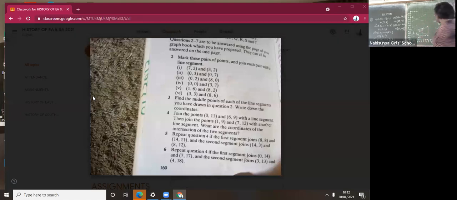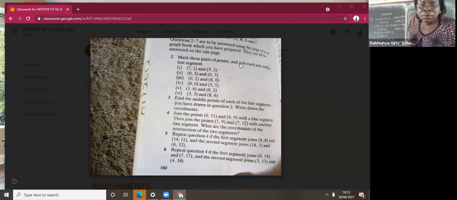We have the points on the first line segment. Can somebody give us the 2 endpoints of the first line segment? Miracle, are you there? Teacher, I've just joined. Another one who has been there.